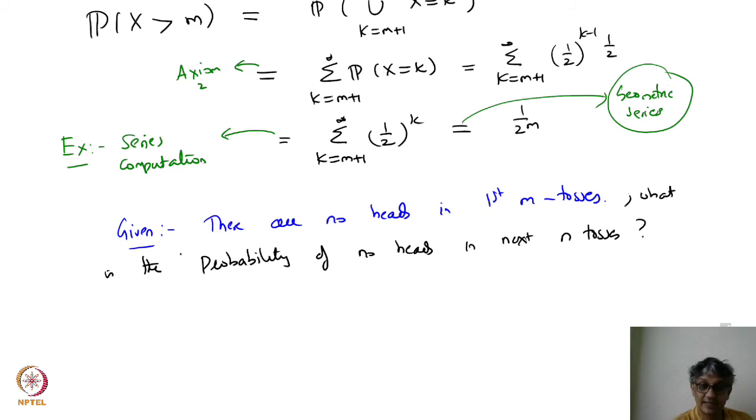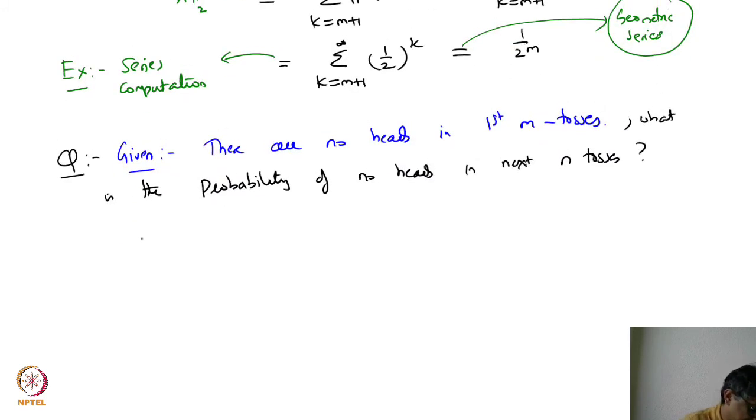This is the question I want to ask. So how do I write this question? I'm given there are no heads in the first m tosses. That's the same as saying x is bigger than m. That's the conditioning event.